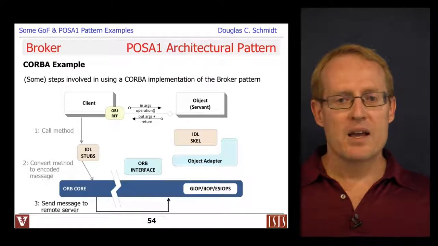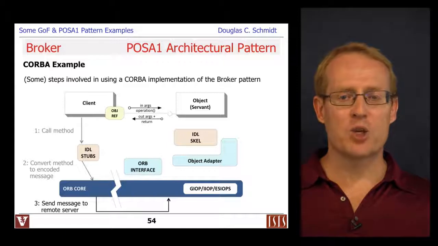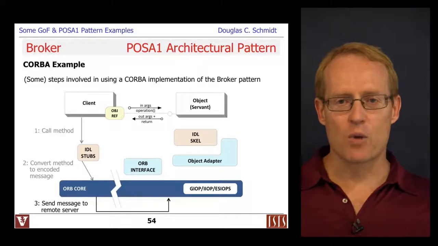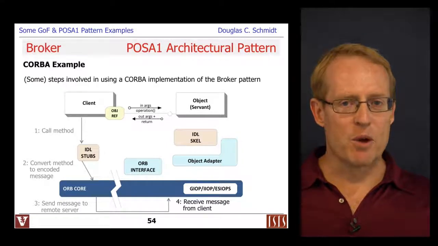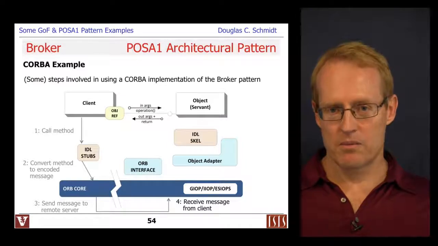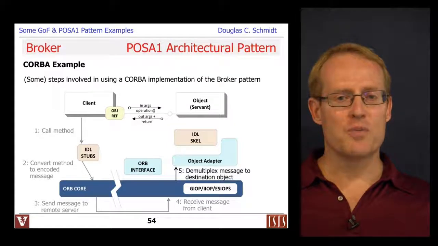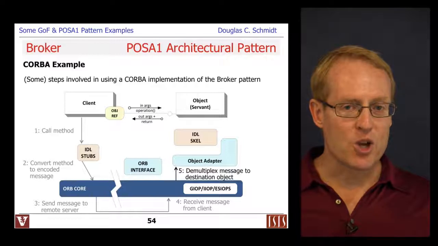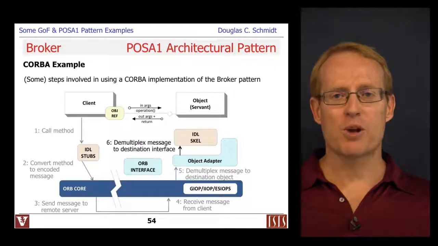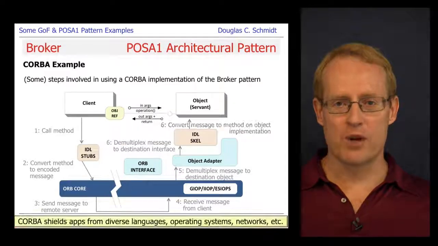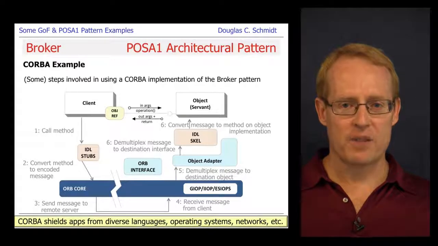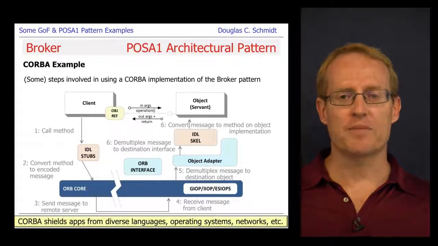When that request message shows up on the server's orb core, there's several levels of demultiplexing to convert that message back into the appropriate object it's targeted at, back into the appropriate upcall onto the appropriate method in the appropriate object implementation.